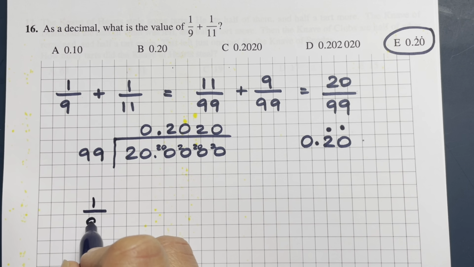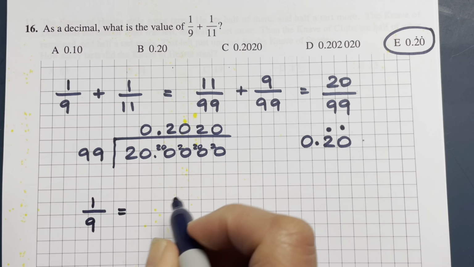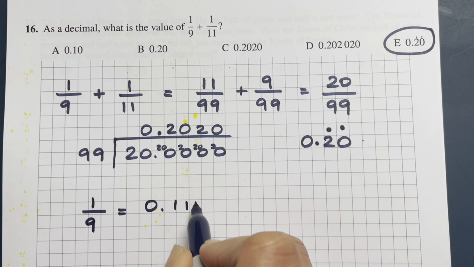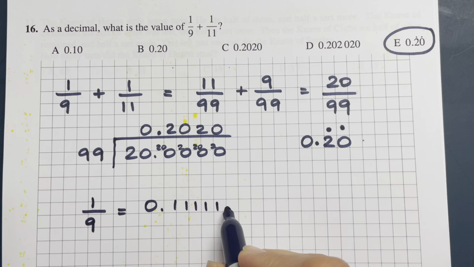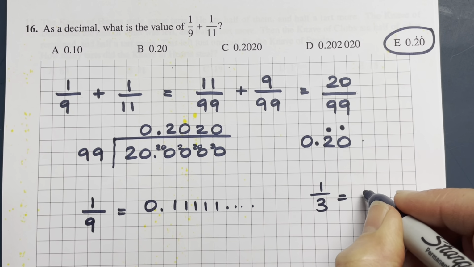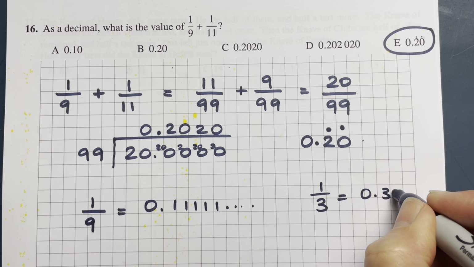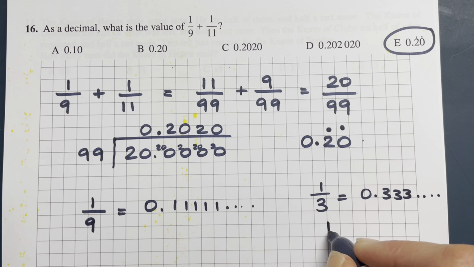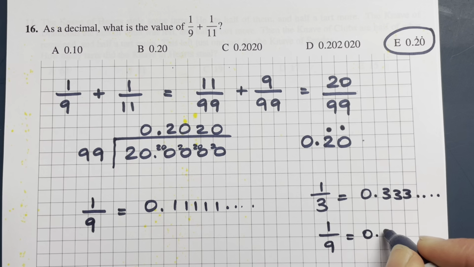They're really good ones to remember, actually. 1/9 is 0.1111 recurring, obviously. And that's probably quite an easy one to remember because you know that 1/3 is 0.3 recurring. So therefore 1/9 being 0.1 recurring, fairly straightforward.